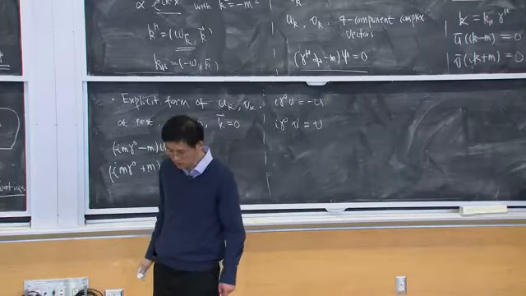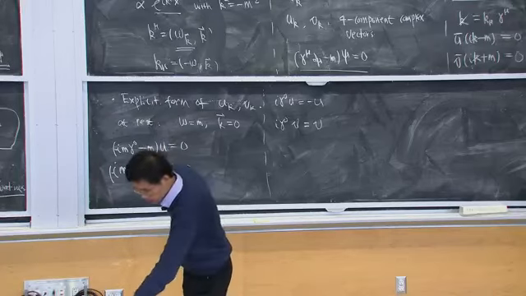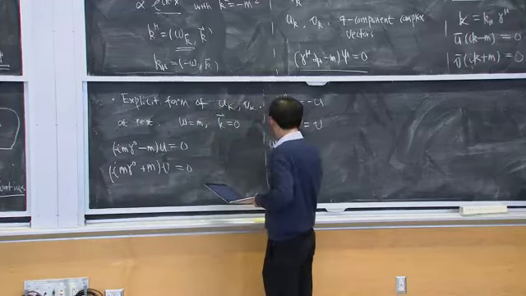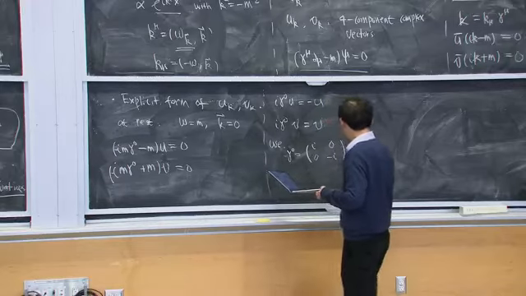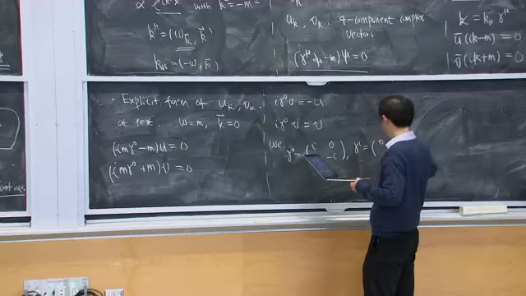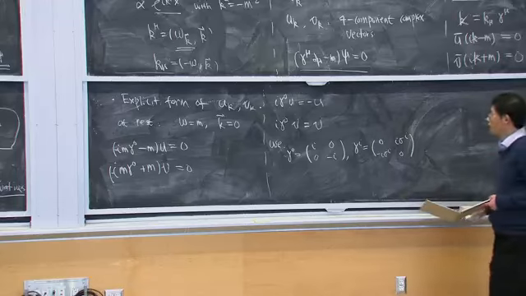Now let's use the explicit representation of gamma matrices, with gamma^0 equal to (I, 0; 0, minus I), and gamma^i equal to (0, sigma^i; minus sigma^i, 0).